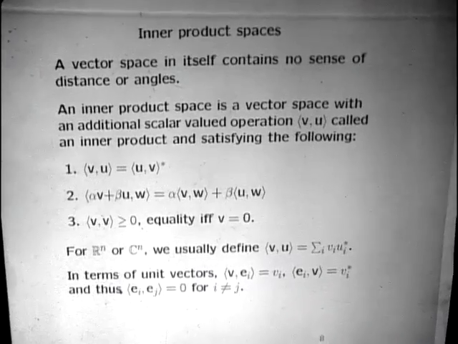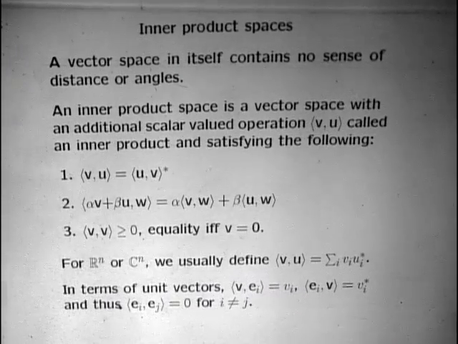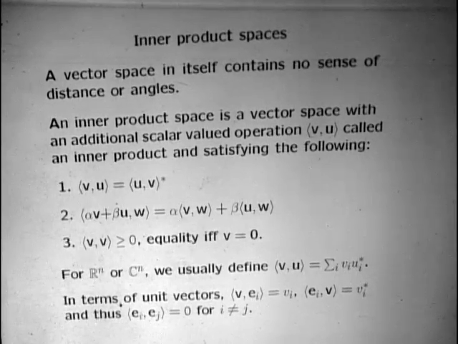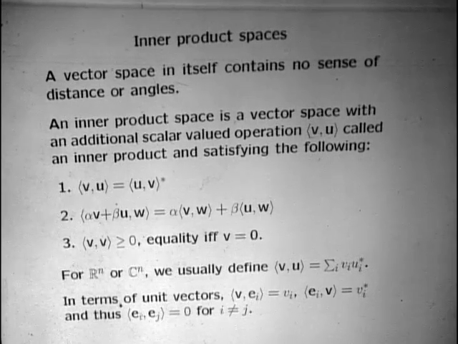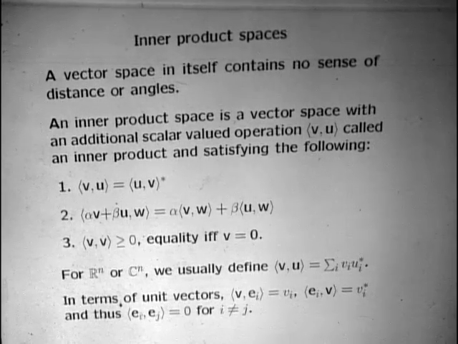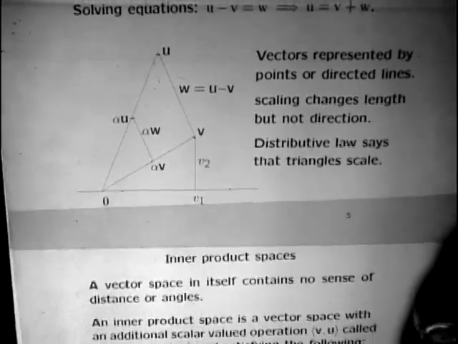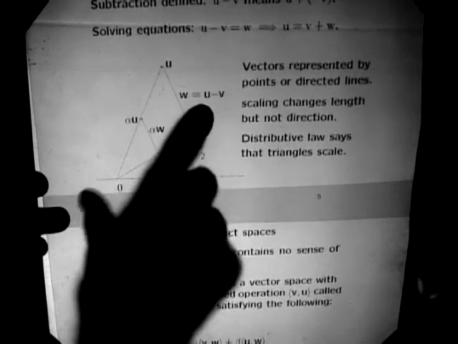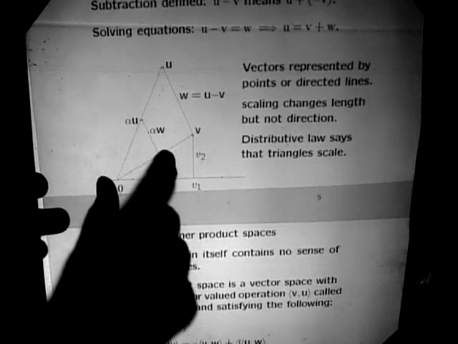Okay, a vector space in itself has no sense of distance or angles in it. When I drew that picture before for you, let me put it up again. It almost looked like there was some sense of distance in here, because when we took scalar multiples, we scaled these things down.